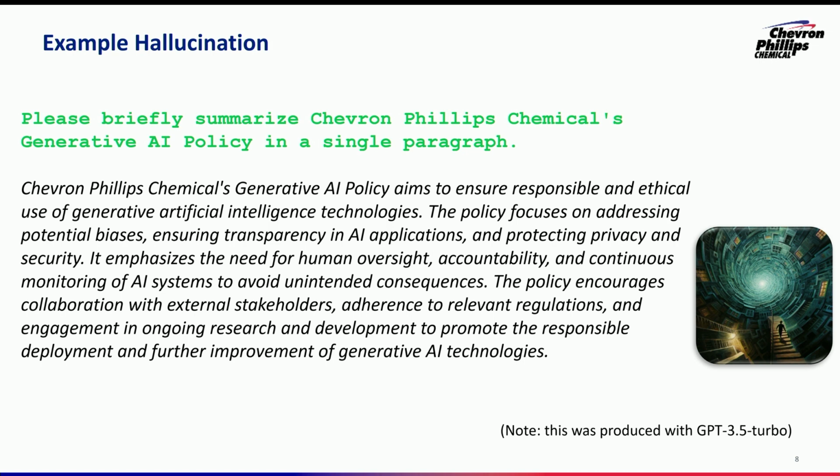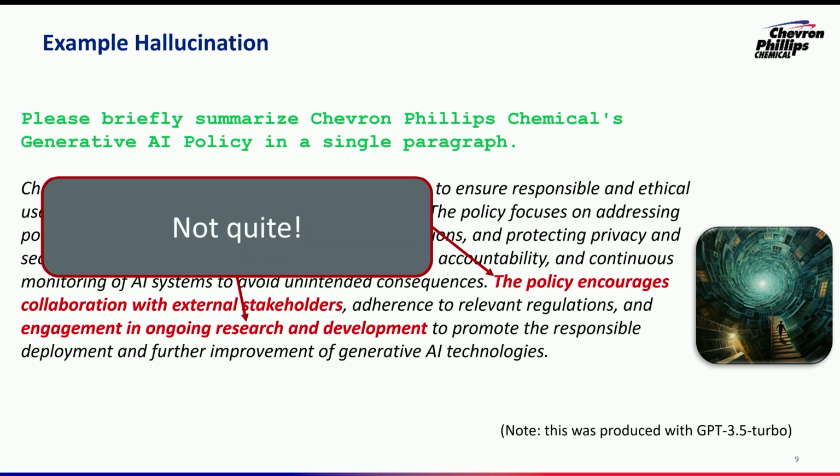Okay, so just an example, because this leads me into what kind of prompt you shouldn't use. Please briefly summarize Chevron Phillips Chemical's generative AI policy in a single paragraph. Yeah, okay, CP Chem's generative AI policy, ensure responsible. That's great. The policy focus. Yes, this is correct. This is amazing. But it was purely hallucinated.